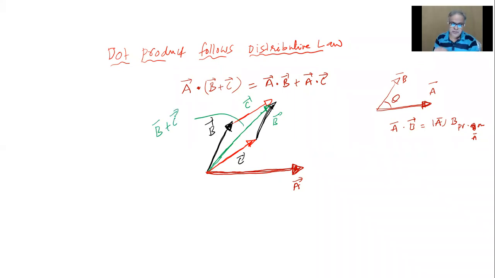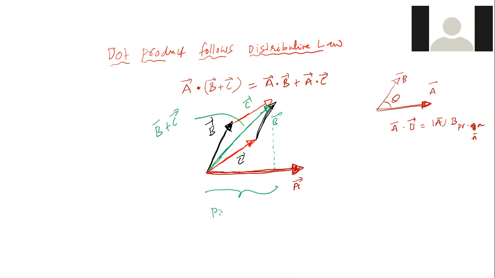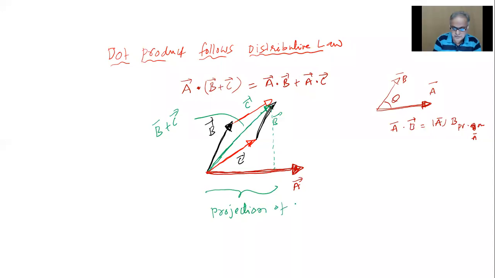If I go for a geometrical proof, I want the dot product of A with B plus C. So shall I draw one projection here onto A? Is this the projection of B plus C on A? Do you agree?